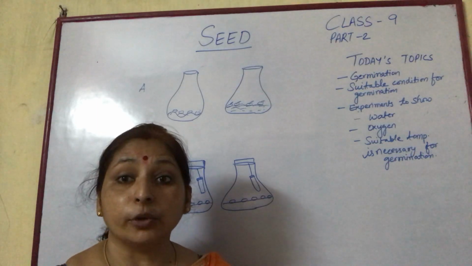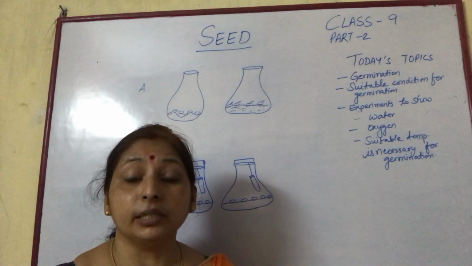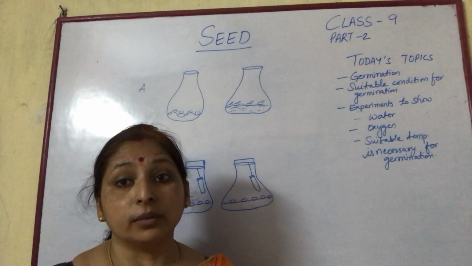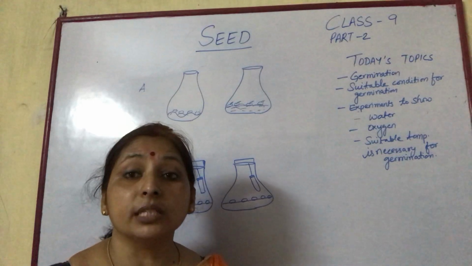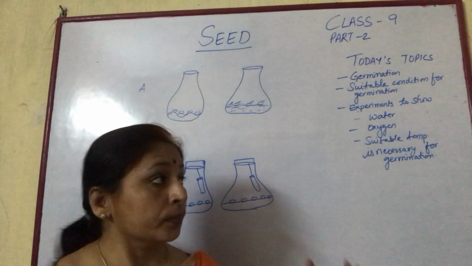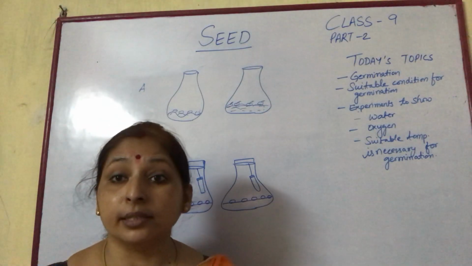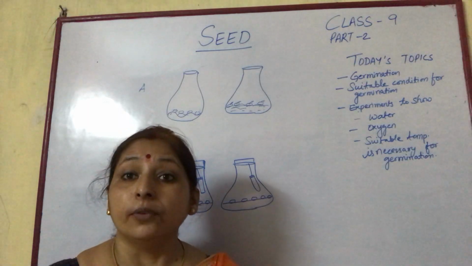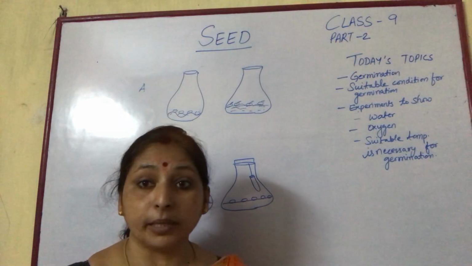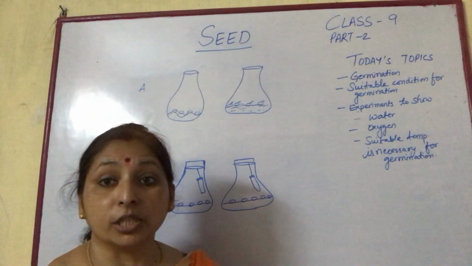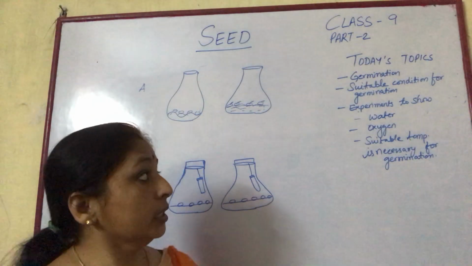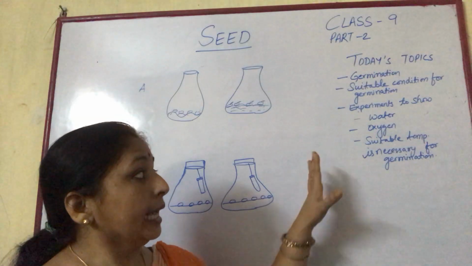Today we are going to discuss the suitable conditions and temperature for the germination of seed, and what the germination process is, with the help of a few experiments. For today, the topics are: first, germination, then the suitable conditions for germination.